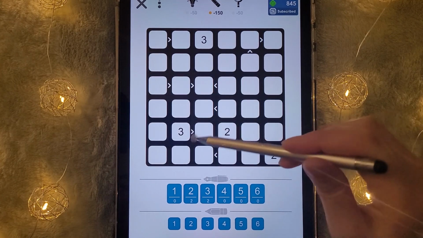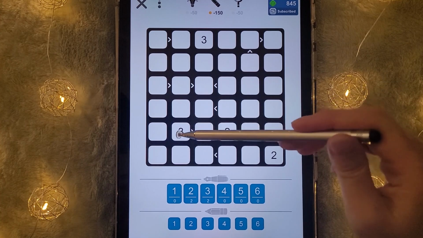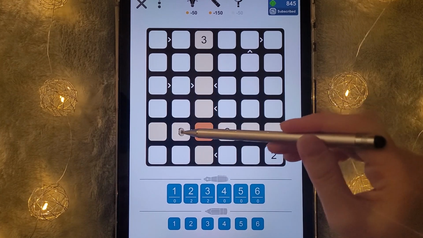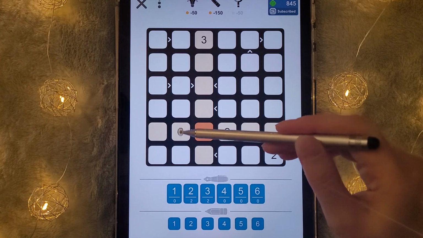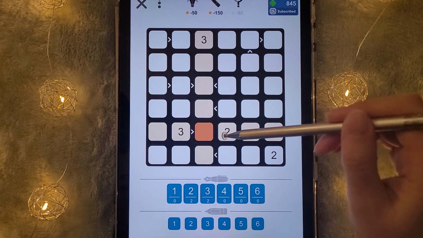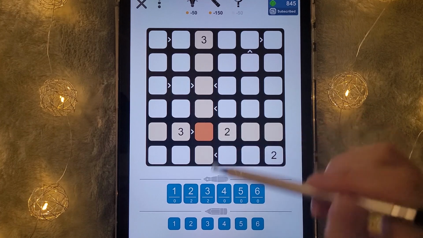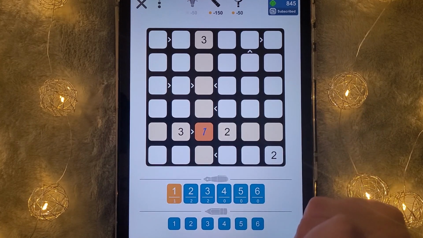So in this one, right off the bat, I know that this number has to be a 1 because the only numbers lower than a 3 are a 1 and a 2, but we already have a 2 in this row. So I know that has to be a 1.